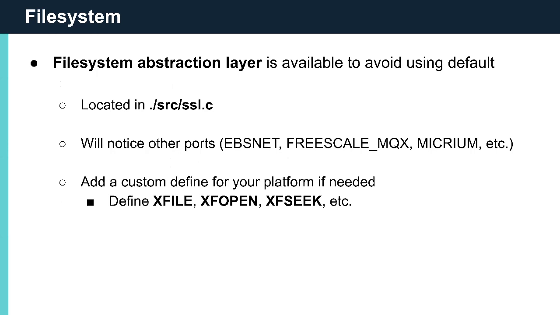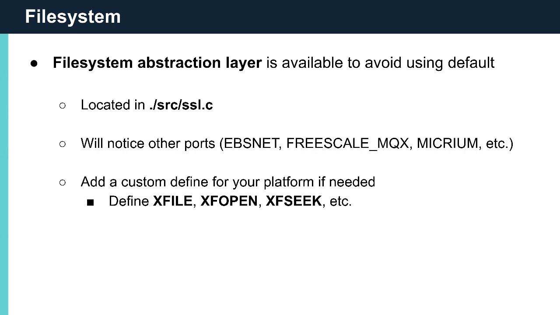So we have a file system abstraction layer if you do have a file system, but it's different than the ones we currently support. We do have some other ports available. So, for example, on Freescale MQX or NXP now, MQX has its own file system functions. We've already integrated that file system in, and it just kind of defaults to those when you define FREESCALE_MQX.